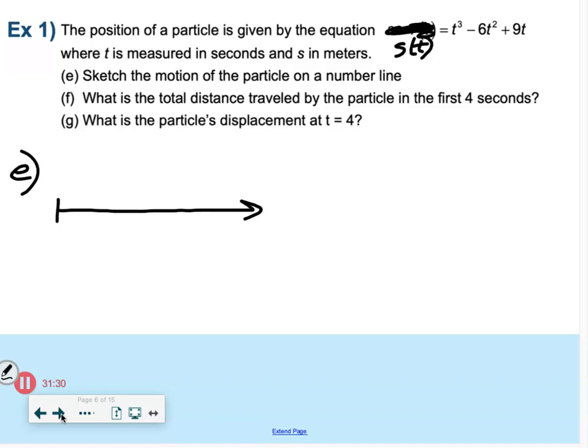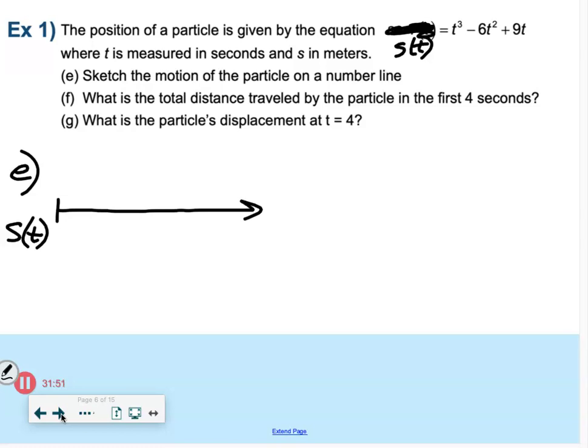So if we want the motion on the number line, and again, it didn't say if you want the number line to represent time or to represent position, but I'm going to have it represent position. So this is going to be our position. All right.